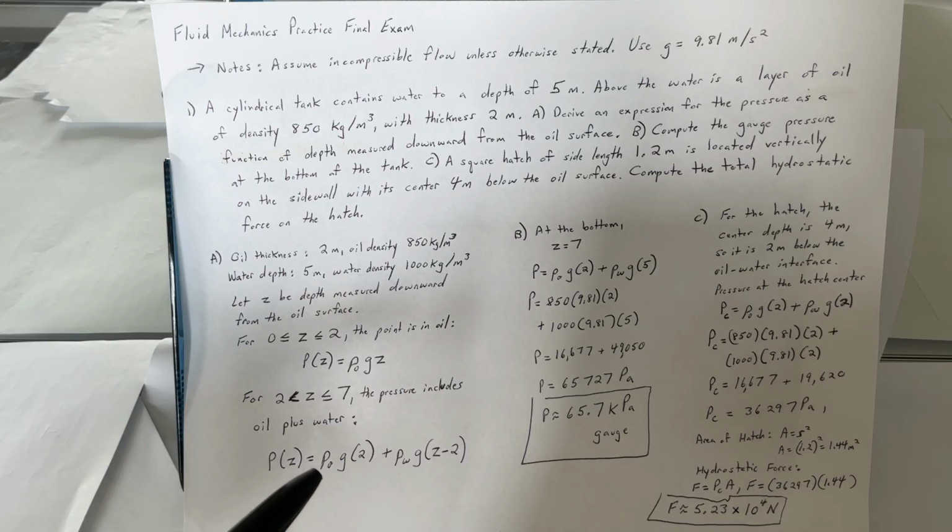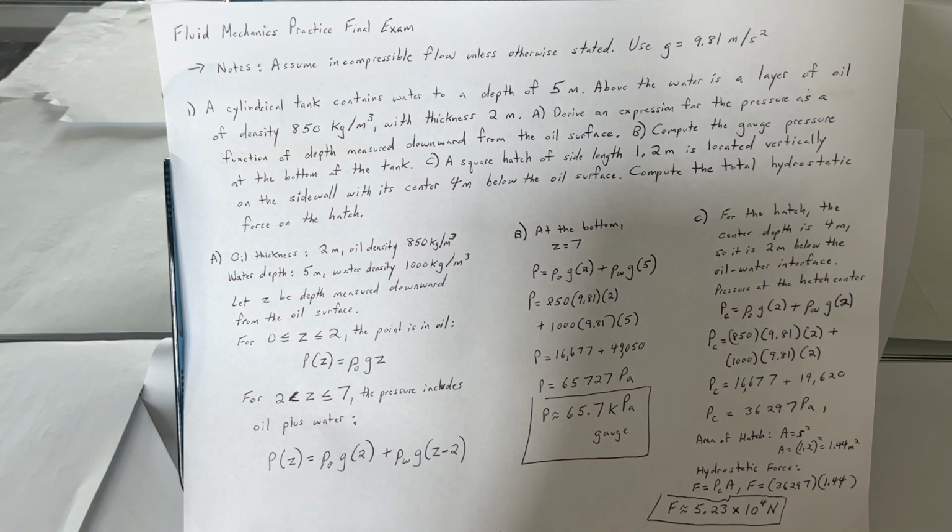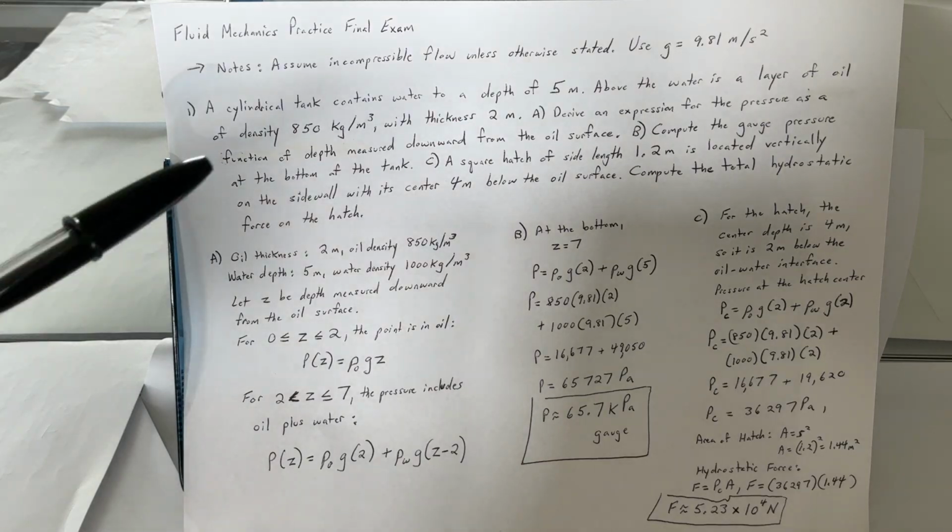So P of z is going to be rho naught g times 2 plus rho sub w g times (z minus 2), right? Okay, g being 9.81. So we have the oil, we have the water.